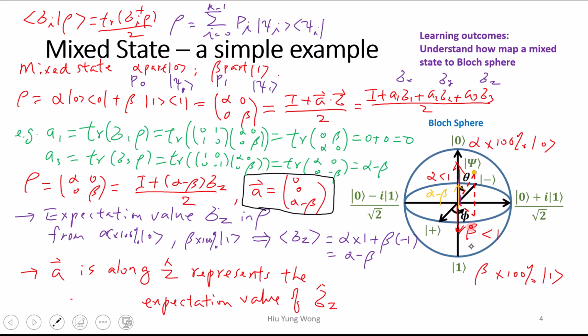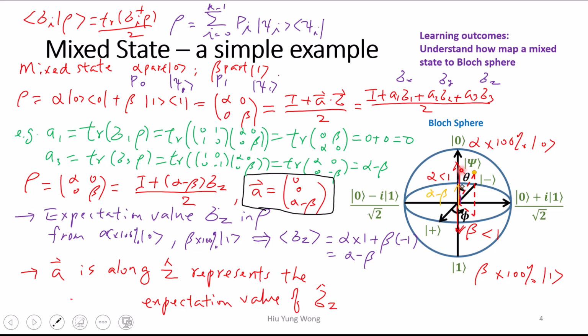Do you see that? Now, for a mixed state, for the same density matrix, it can be a mixing of many possibilities, not just this one. You actually can have infinite possibilities, because you can always decompose your matrix into infinitely many types of mixing to get the same density matrix.